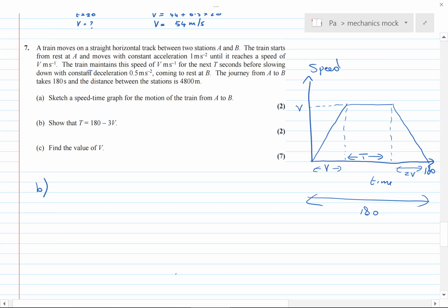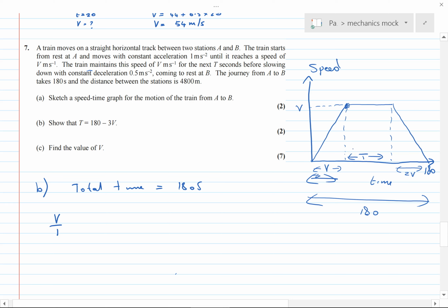So let's just say total time is 180 seconds. And if I talk about this bit here first, rather than just writing v, because that's a bit dangerous, I can write v divided by 1, because it's reached a velocity of v with an acceleration of 1 meter per second squared, so we can see that's v over 1.